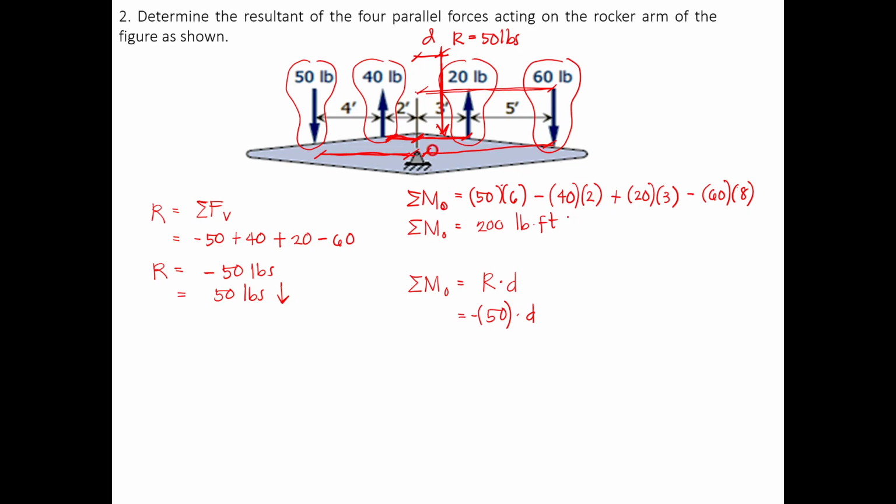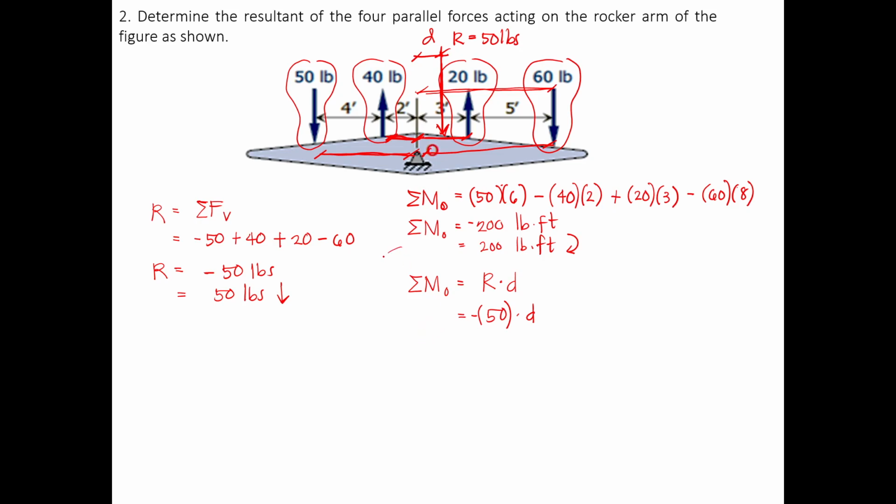Then this one is also negative, that's negative 200, or 200 pound per foot, and the rotation is clockwise.